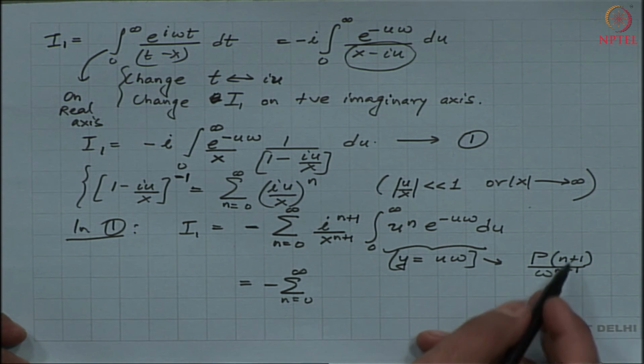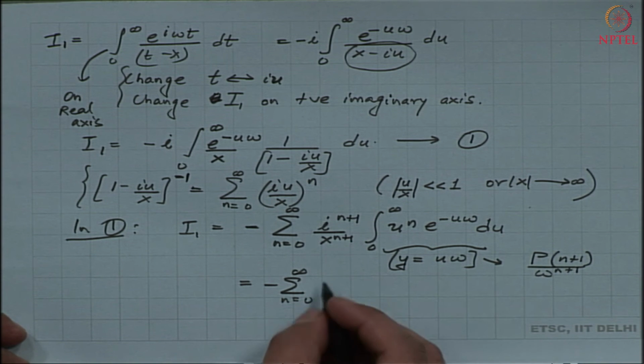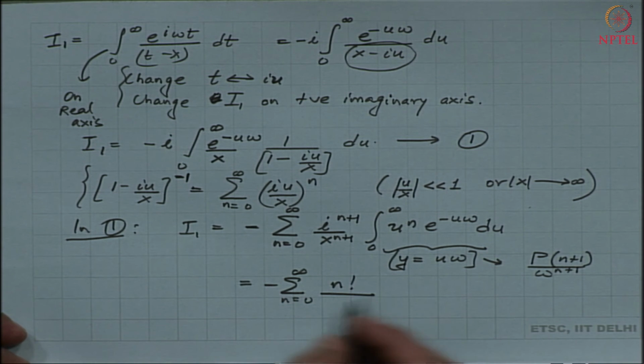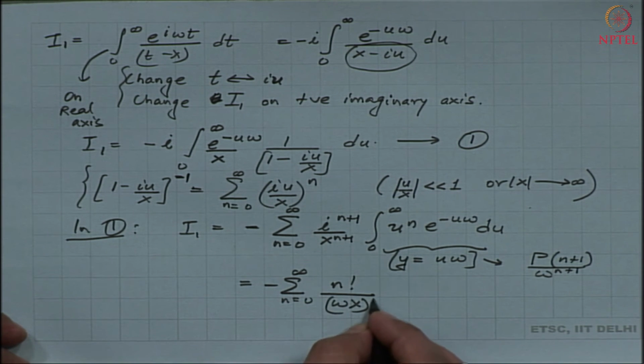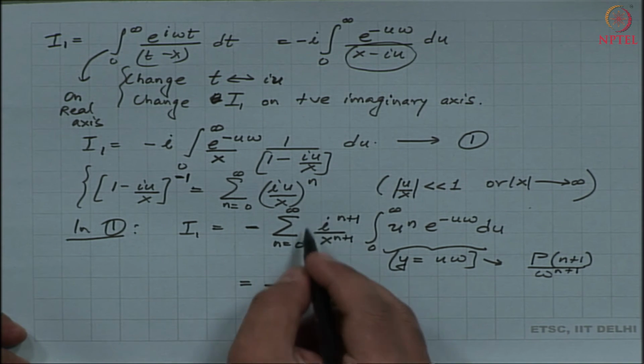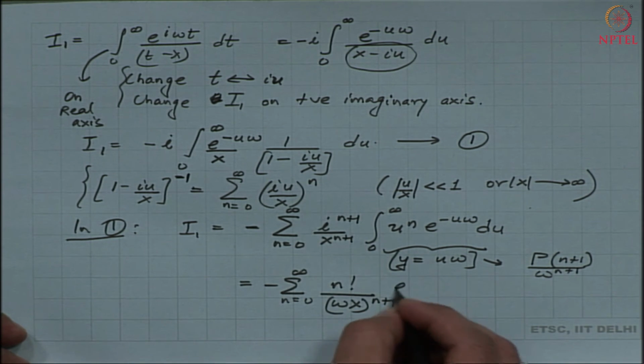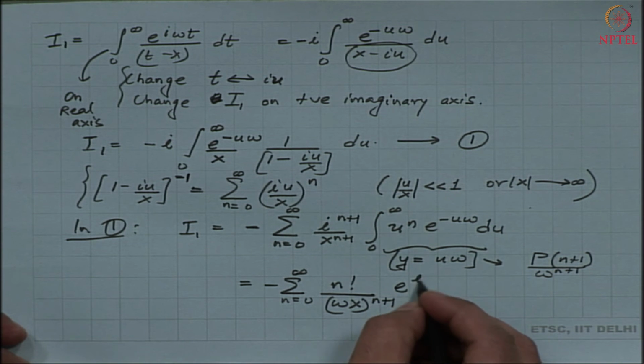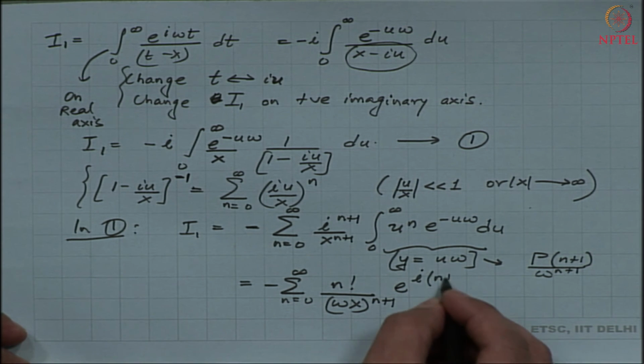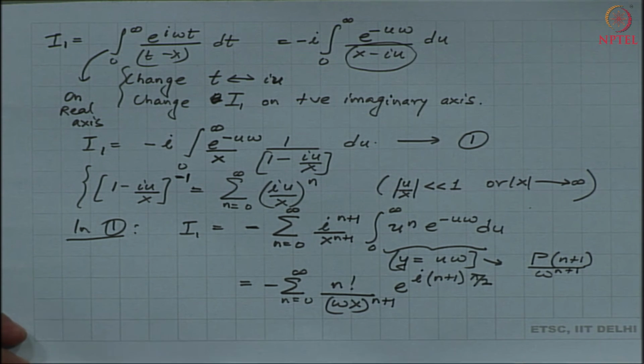I have gamma of n plus 1, n is an integer, so I get n factorial divided by x to the power n plus 1, omega to the power n plus 1. So (omega x) to the power n plus 1 times I have i to the power n plus 1 here. I write it using Euler's formula, this is e to the power i(n plus 1) times pi by 2. So this is nothing but i to the power n plus 1. So then I am already there in my result.